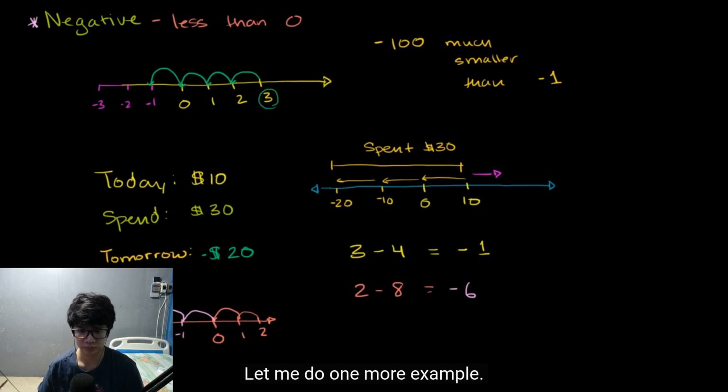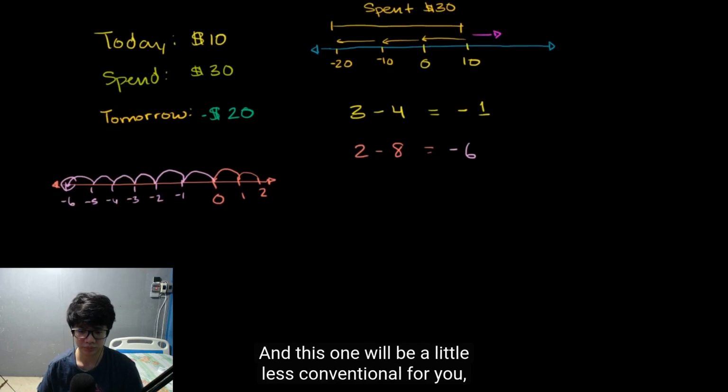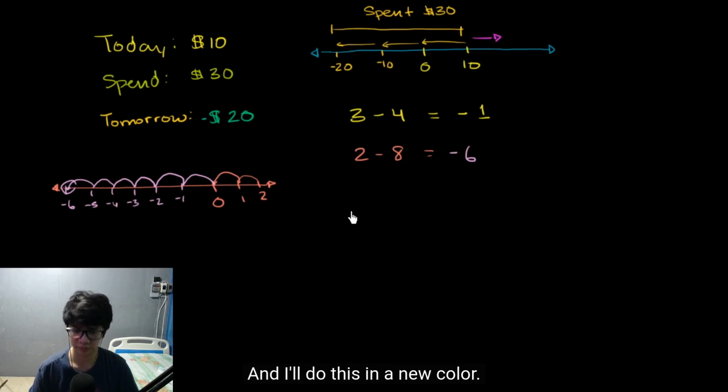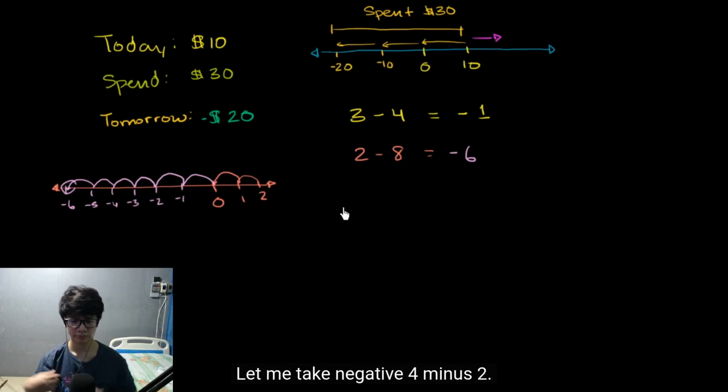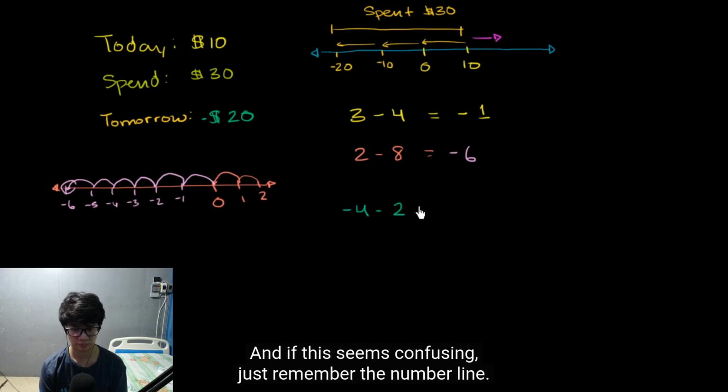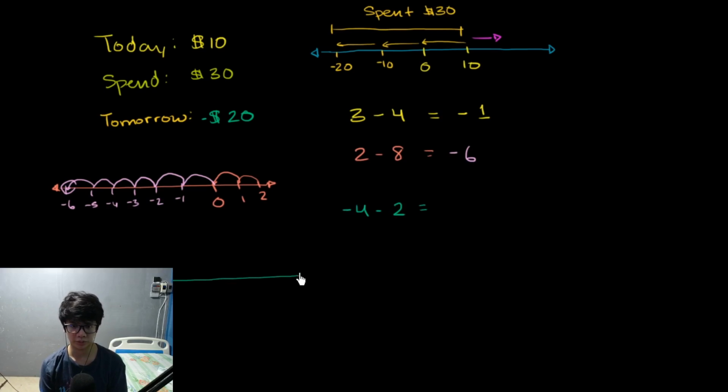Let me do one more example, and this will be a little less conventional for you, but hopefully it will make sense. Let me take negative 4 minus 2. So we're starting at a negative number, and then we're subtracting from that. And if this seems confusing, just remember the number line.